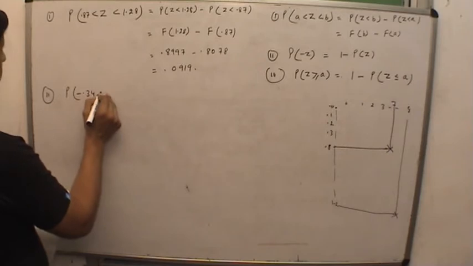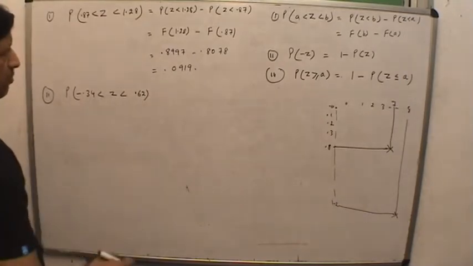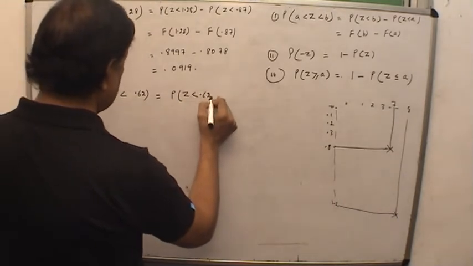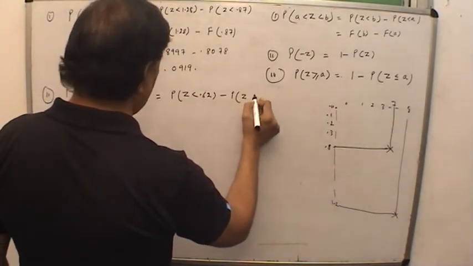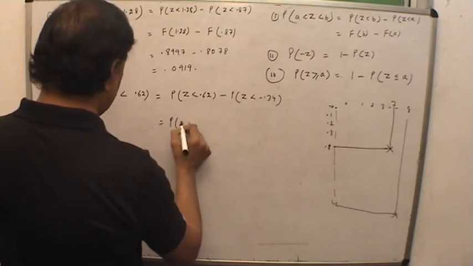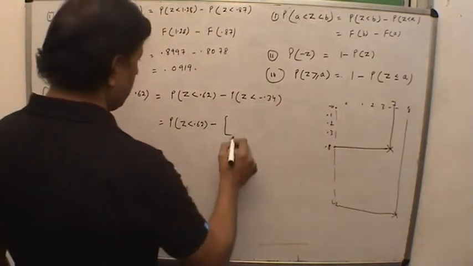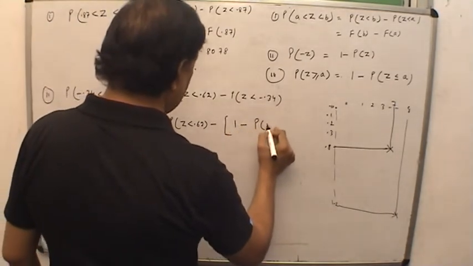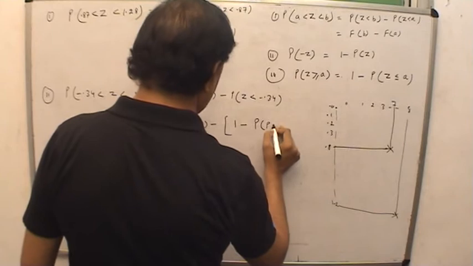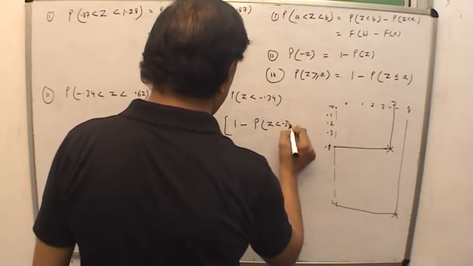P(Z lies between minus 0.34 and 0.62). First we use the first result. We say P(Z less than 0.62) minus P(Z less than minus 0.34), that is equal to P(Z less than 0.62) minus, since we cannot check the value of the minus, we shall convert it into 1 minus P(Z less than 0.34).